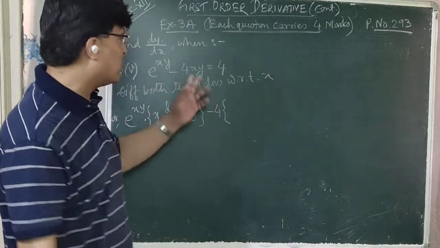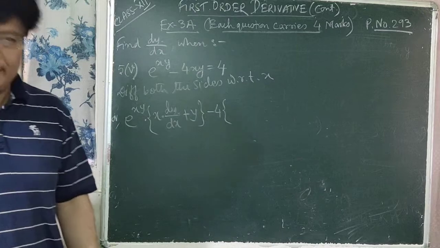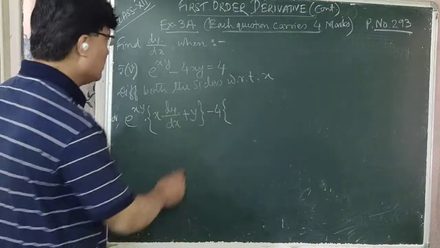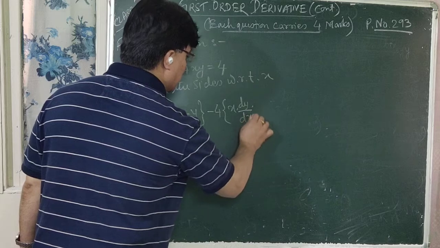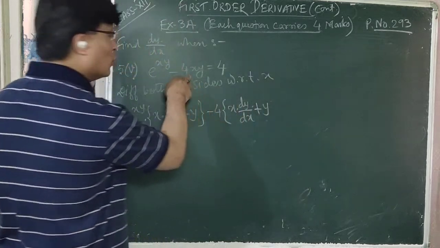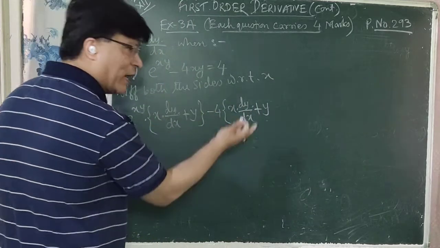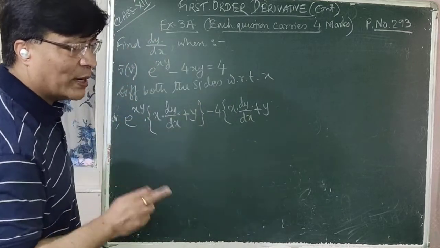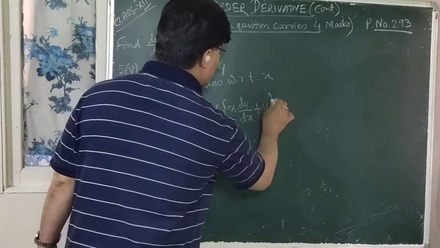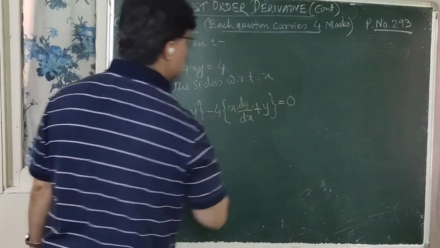Within the second bracket you have to use the UV rule for xy. So you know the UV rule, right? Just now we applied x into dy by dx plus y into 1. Differentiation of x is 1 with respect to x, so no need of writing 1 because y into 1 is always y. So the second bracket is closed, is equal to, what is the derivative of 4? It is 0.